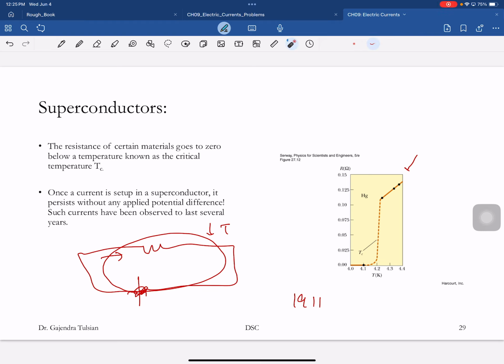That's very cold. So ever since then, the search has been on for a higher and higher TC. The holy grail being you want something to be superconducting at room temperature.